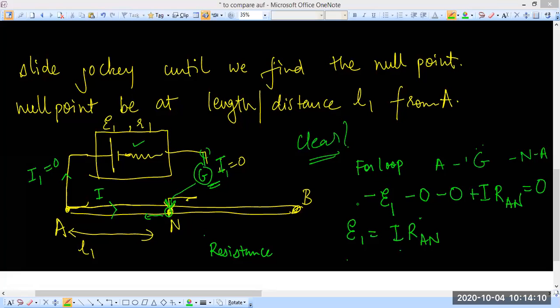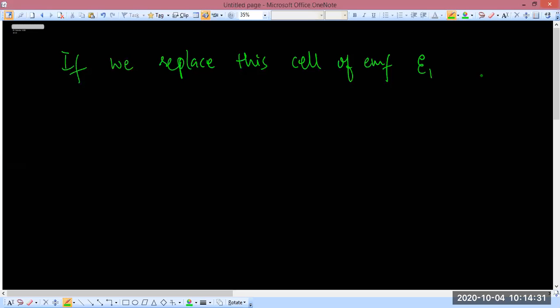Now the next step of the method. So we have got one relation. Okay, this is equation 1. Now equation 2. If we replace this cell of EMF epsilon 1 by another cell of EMF epsilon 2, right?